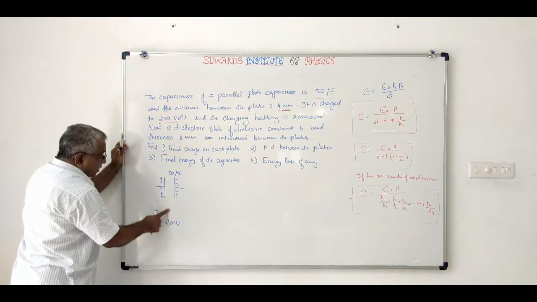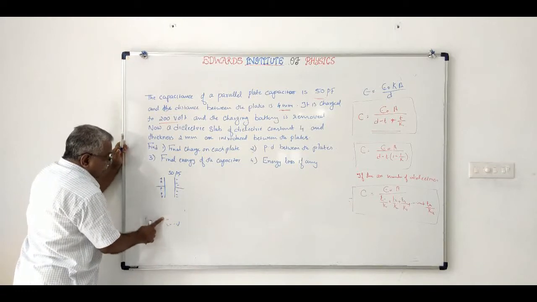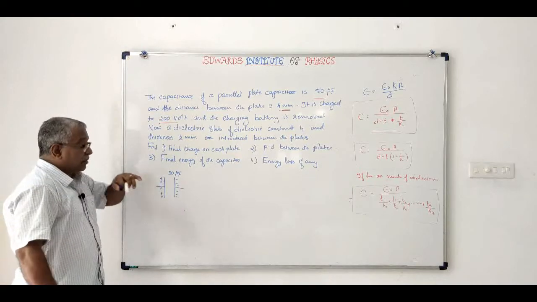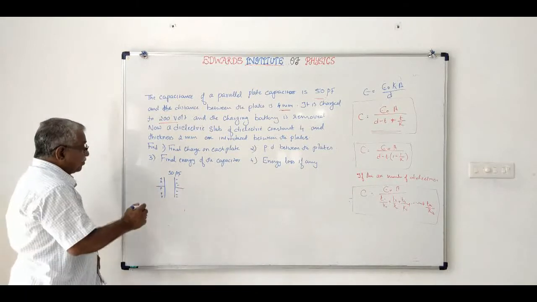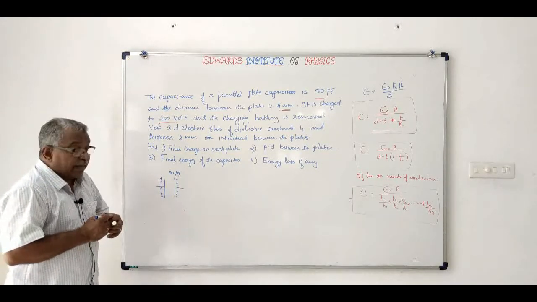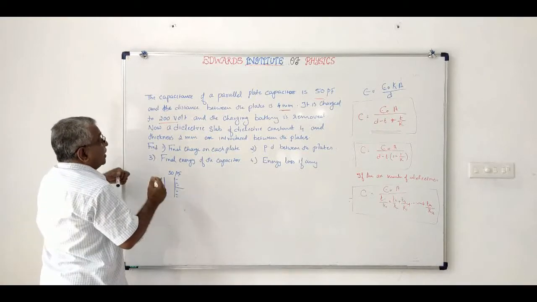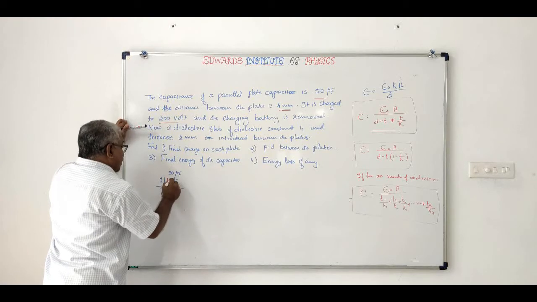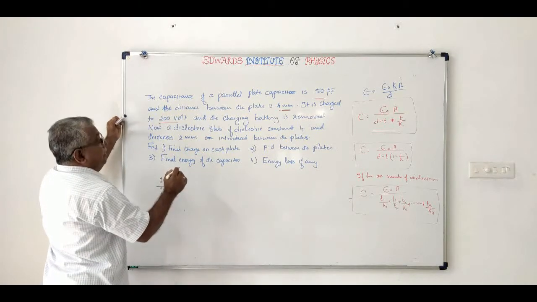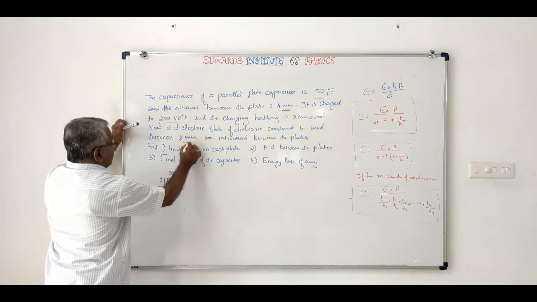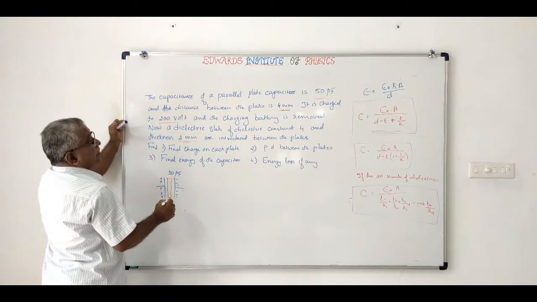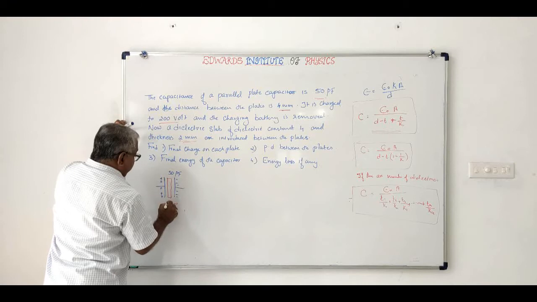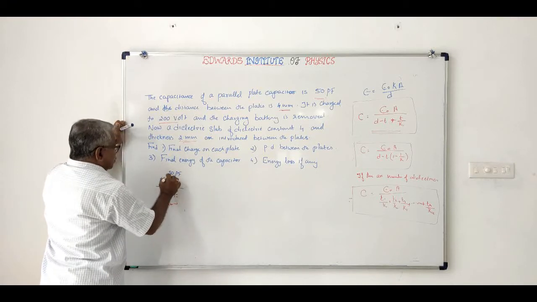After charging, the battery is removed, so this capacitor will contain this much charge. Now after that, one dielectric slab is introduced in between them, of how much thickness? 2 millimeter thickness. This is 4 millimeter, and this is 2 millimeter.